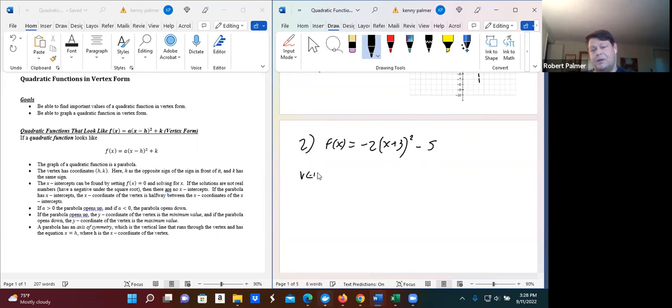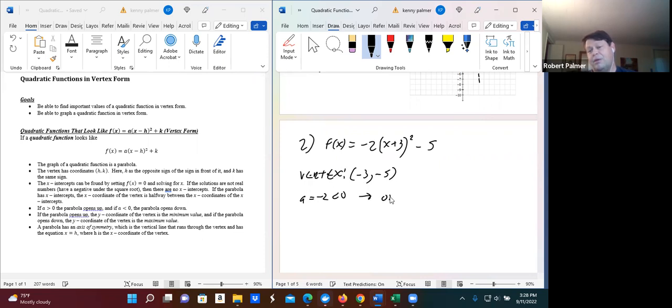This time it's in vertex form, so you can easily pick out our vertex. Our x coordinate you get from this. Remember, it has the opposite sign. This is positive, so it's going to be negative. And then this gives us our y coordinate, which has the same sign, so the vertex is -3, -5. Now, our a, the number in front, is -2, which is less than 0.